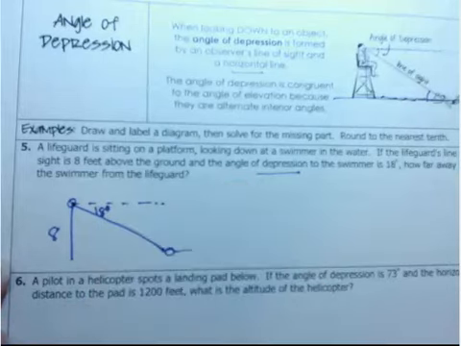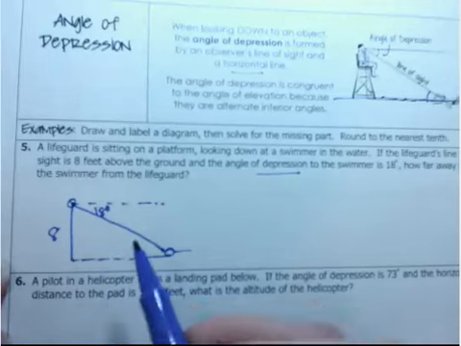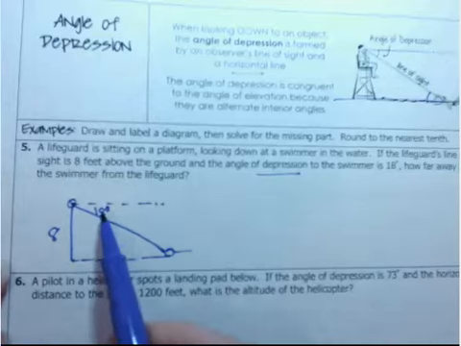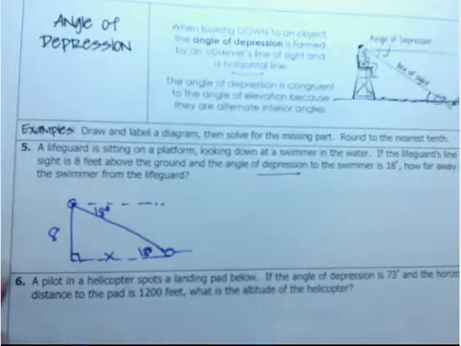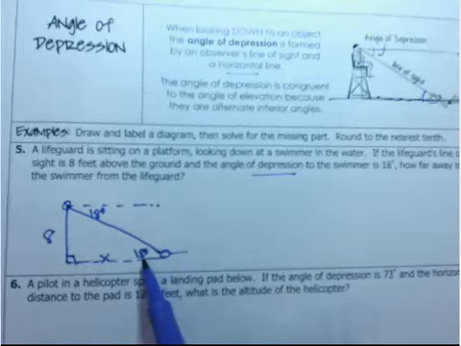And the question is, how far away is the swimmer from the lifeguard? And we're thinking like the lifeguard stand here. So this is going to be X. Now if this is 18 degrees, then that means that this is also 18 degrees. So we can set up our triangle here, and we just want to think through what function we need.